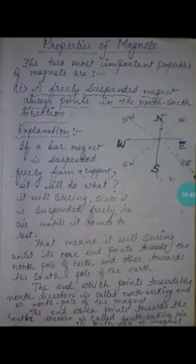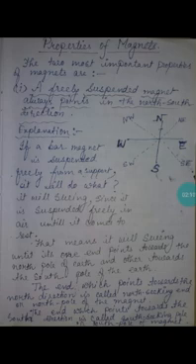Do you all know that our earth has 4 directions? Geographically we have 4 directions, that is east, west, north and south. We all know that the sun rises from the east and sets towards the west, right?